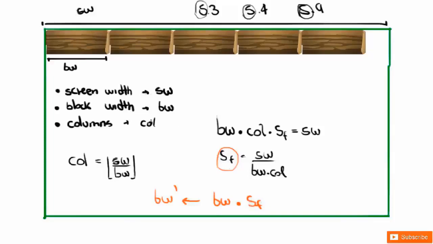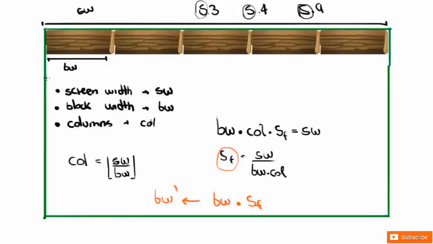Of course, we're going to end up stretching our textures maybe a lot, but this is going to give us the effect of always filling all the screen, exactly as we did here. So in this case, BW times SF would be this.